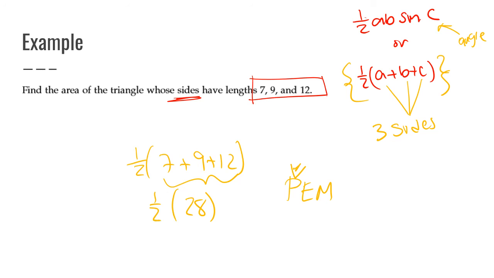Then you multiply it by 1/2, and you get 14. So the area of this is 14, whatever, feet squared, centimeters squared. They didn't give us the unit here, but I'm just going to call it feet. So 14 is your area here.